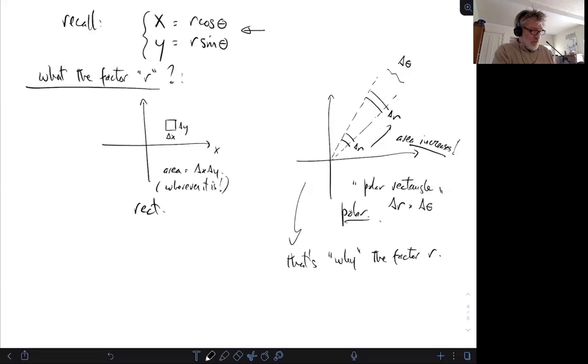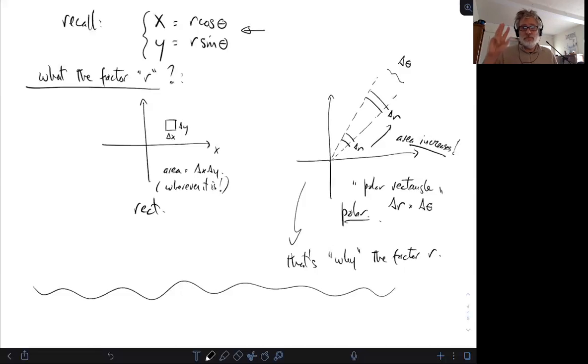You compute the partial derivatives of both these functions with respect to r and theta, you get a 2x2 matrix, you take the determinant, and you'll get r. That's how you get it. So that's a very vague idea of why there's this factor r. Hopefully that will do the job, because I can't go further than that. All right. So how do we use this?